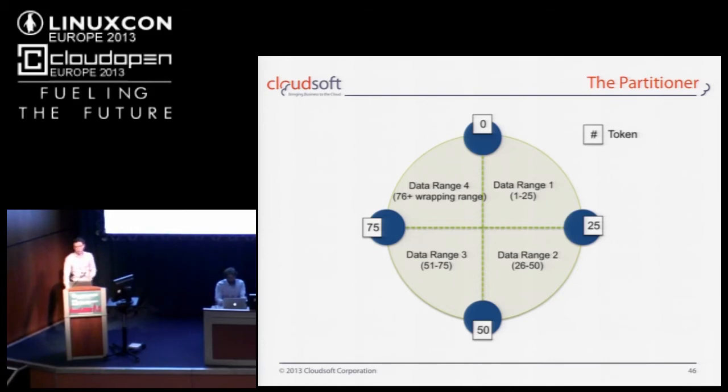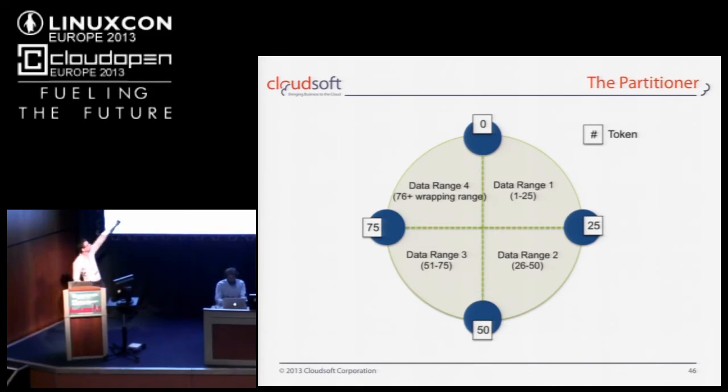And each node is given a token. So it generates a number which gives it a place on a ring. And then when you compute a hash function on the data you want to store, so for example, if I'm going to store some data, I'll compute an MD5 on that data that's about to be written. And that tells me where on this ring my piece of data will be.